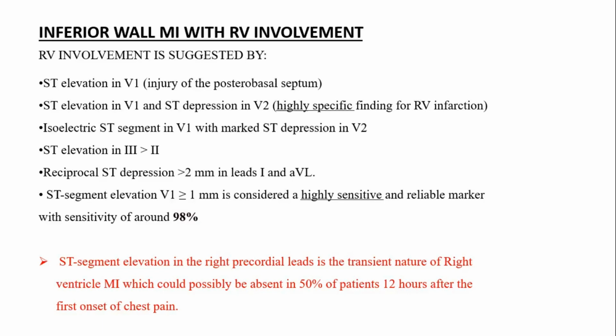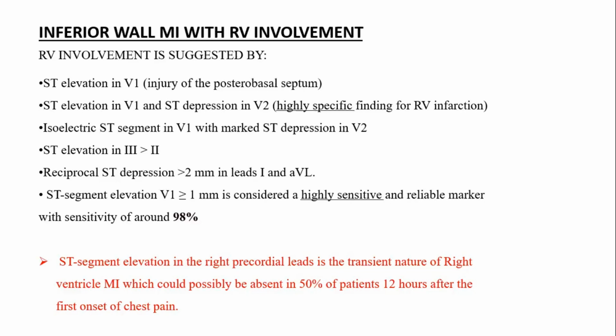One important thing, just for your clinical practice: the ST segment elevation in the right precordial leads, V1 and V2, is transient. So it's not always the case that you will see it in a patient who has an RV infarct, since these changes depend upon the patient presentation.